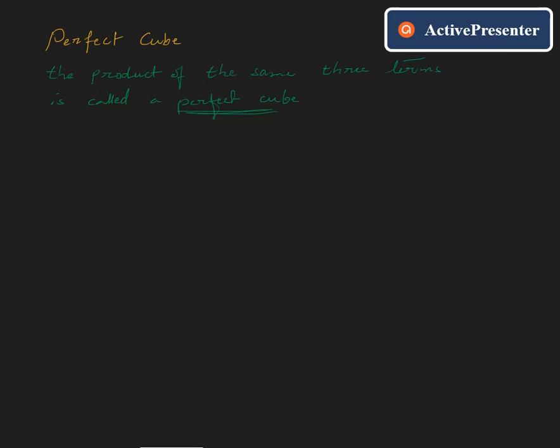For example, if we have a term, let's say 5, if you multiply it by itself 3 times, 5 multiplied by 5 multiplied by 5, the product is 125. The product of a term by itself 3 times is called a perfect cube.